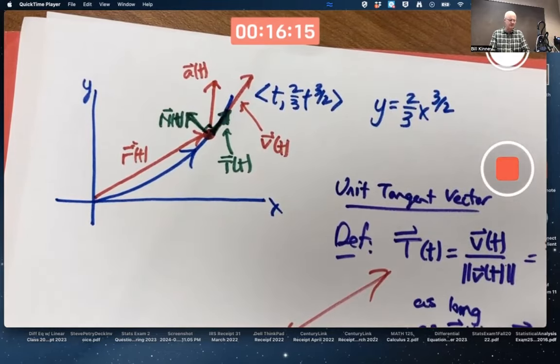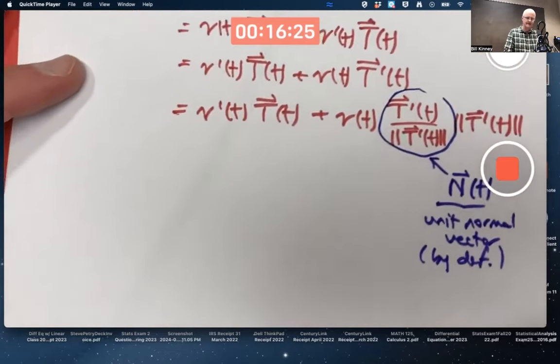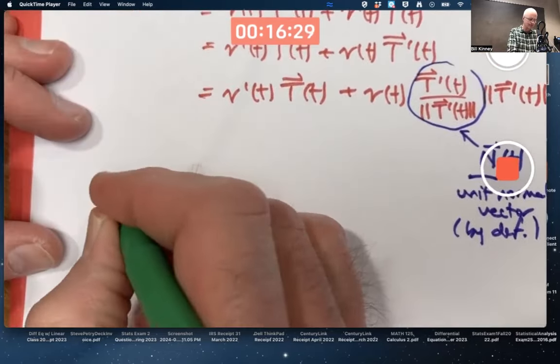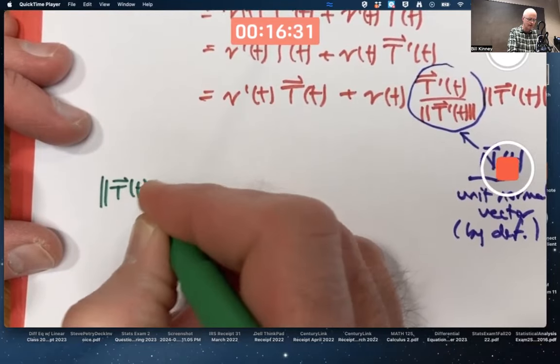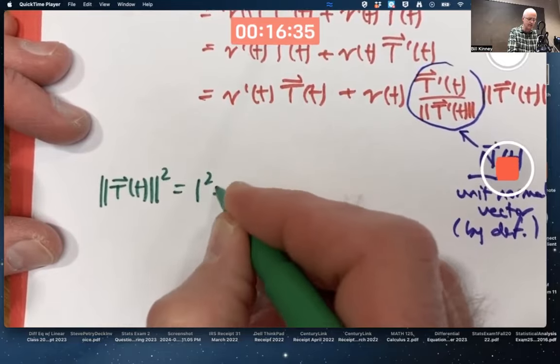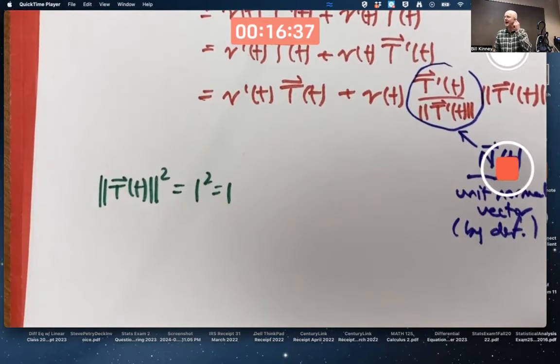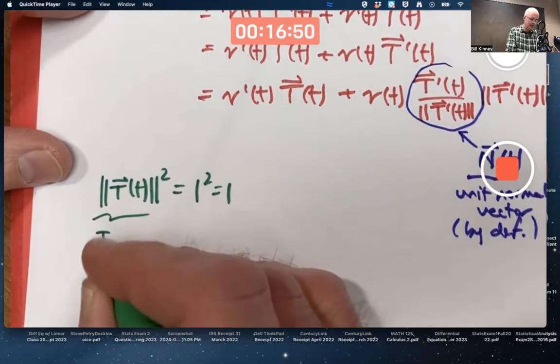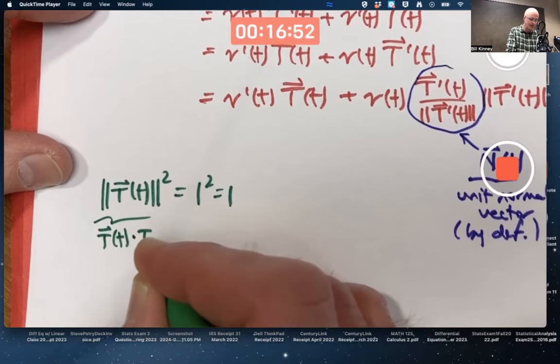Why is it perpendicular? The reason is this. The norm of capital T of t squared always equals 1 squared, because capital T is always a unit vector. Its norm, its magnitude is always 1. So if I square its magnitude, that's also 1. This is also capital T of t dotted with itself.